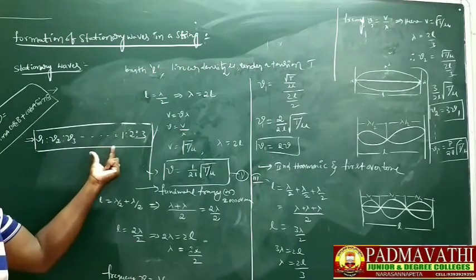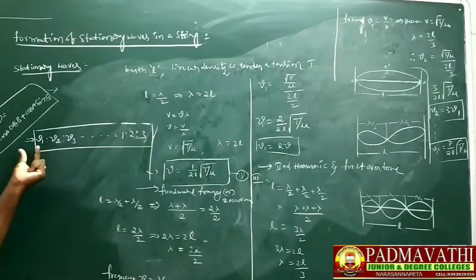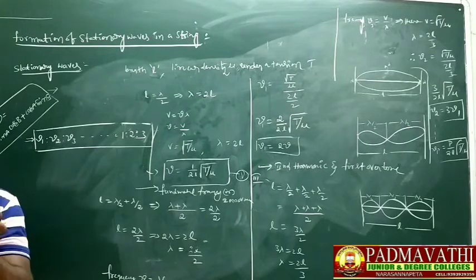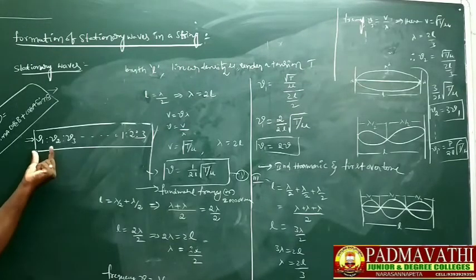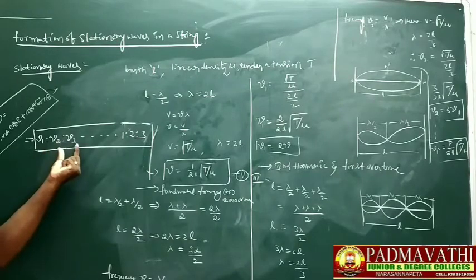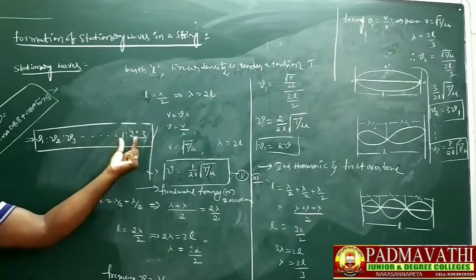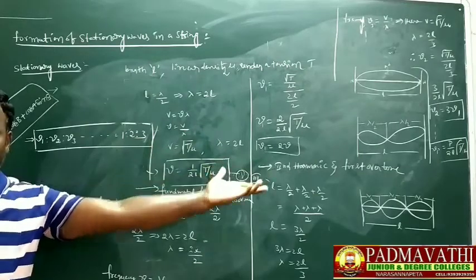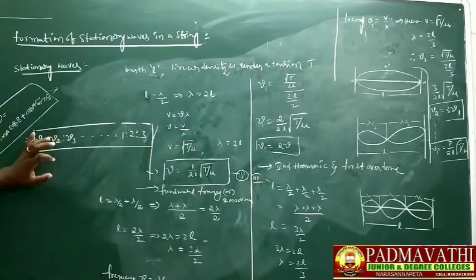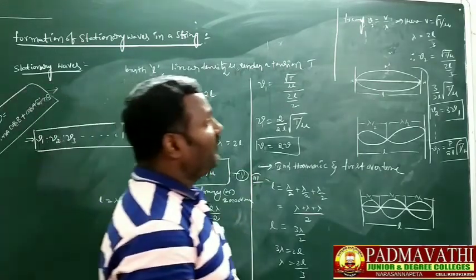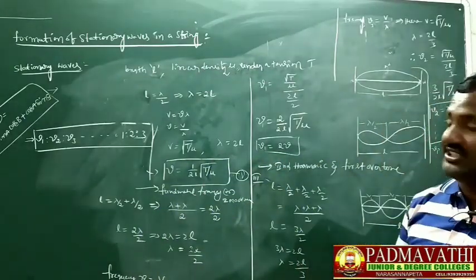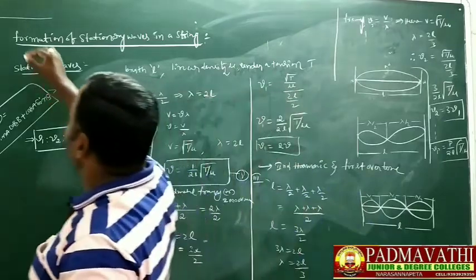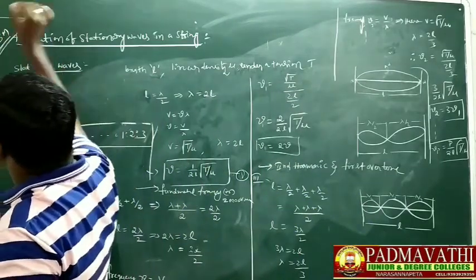This is very important. So what is the ratio of harmonics in a stretched string? That is nu 1 is to nu 2 is to nu 3 up to nu P, equal to 1 is to 2 is to 3 up to P. Okay, so this is the formation of harmonics or overtones in a stretched string. This is very important, one of the 8-mark questions.